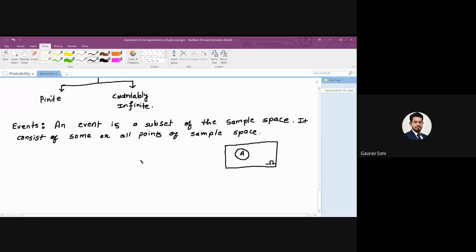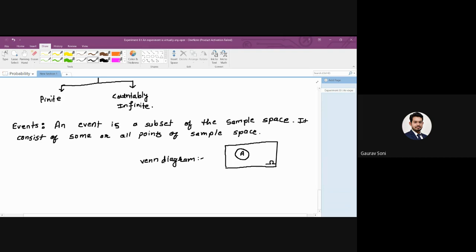Later, these Venn diagrams will play a major role. You may have some outcomes which are in the intersection of two events. Some are going to be mutually exclusive, exhaustive, and all types of events we'll see.